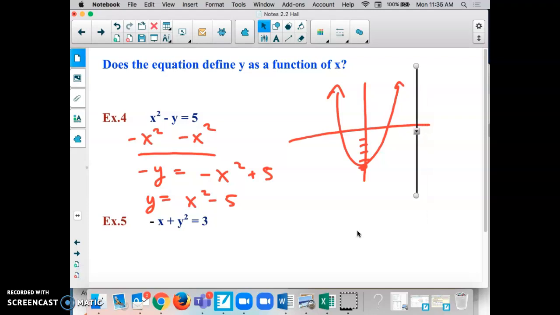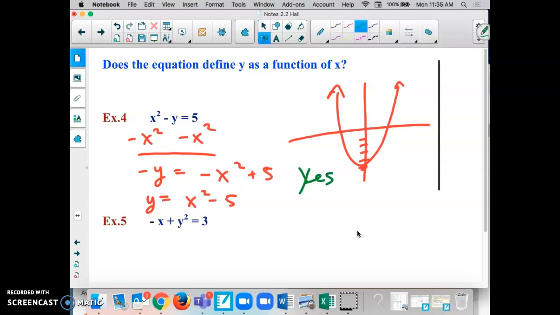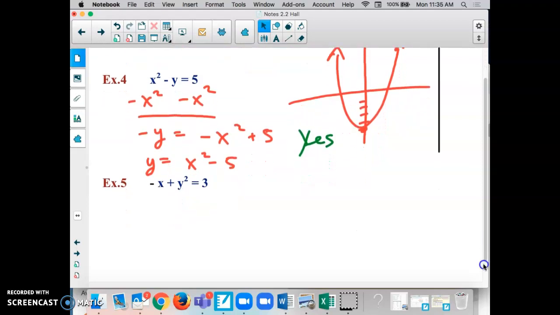If I run it across that parabola, you notice it only hits in one place everywhere. So yes, it passed the vertical line test. So does the equation define y as a function of x? The answer is yes.